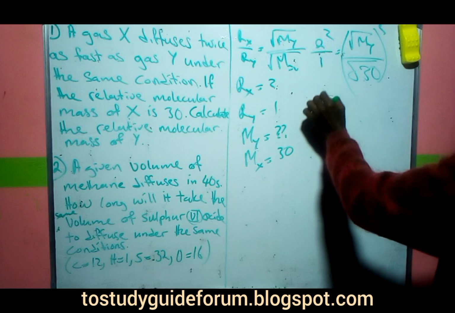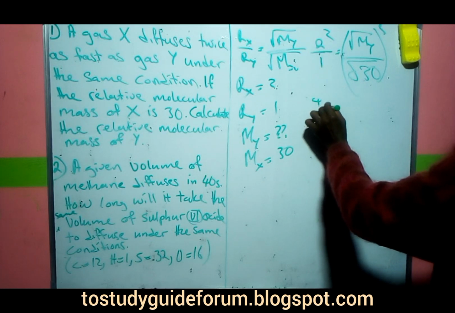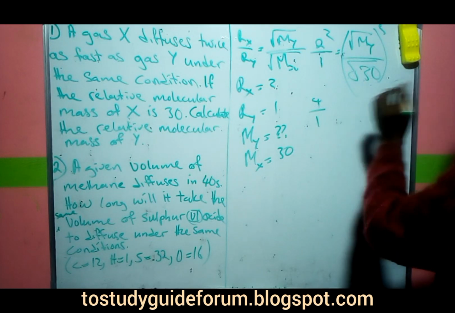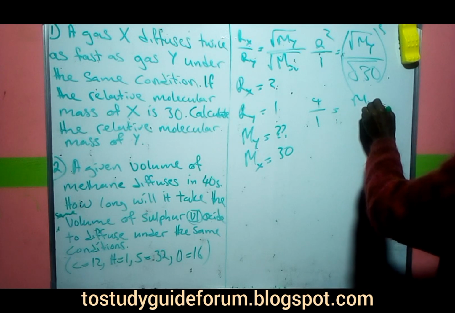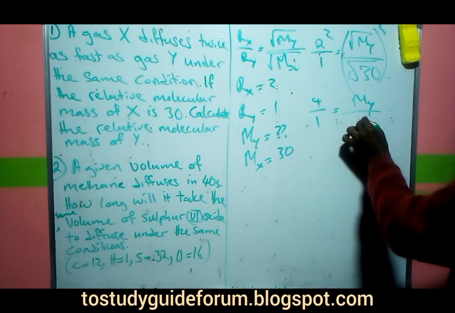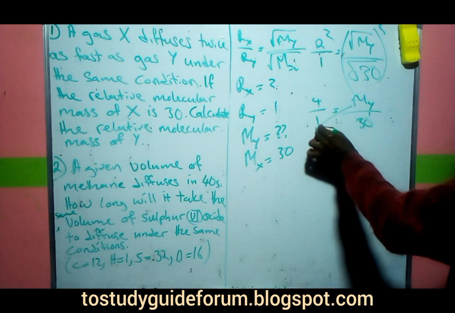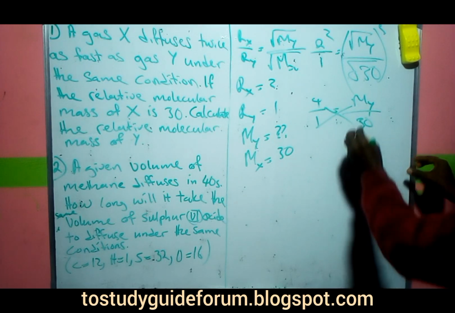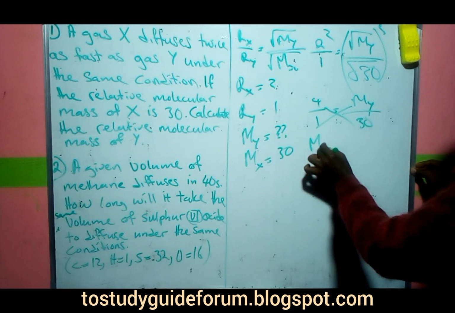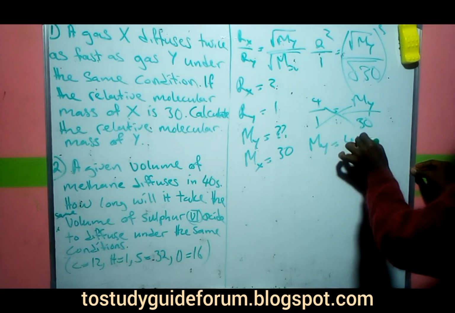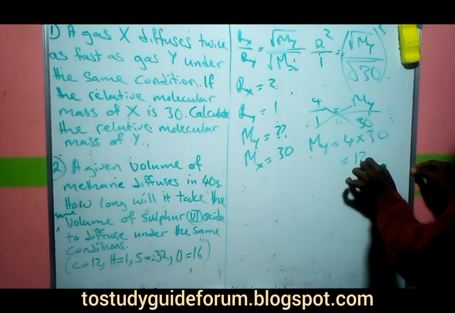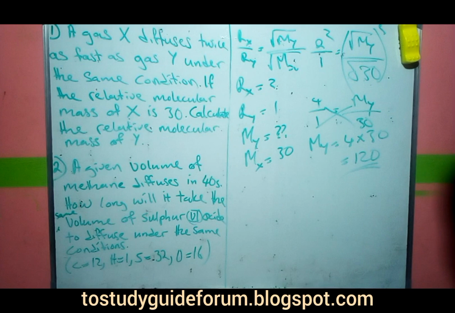If we square both sides, 2 times 2 will give us 4, and this will open up the bracket. We have M_Y over 30. So if we cross multiply, we have M_Y equal to 4 times 30. That will give us the relative molecular mass.